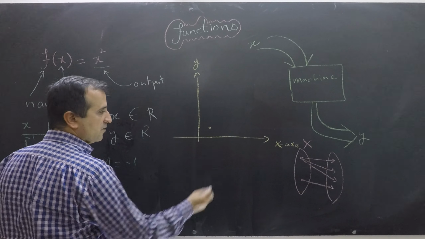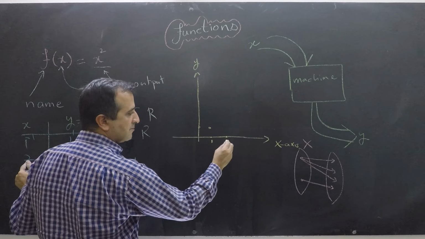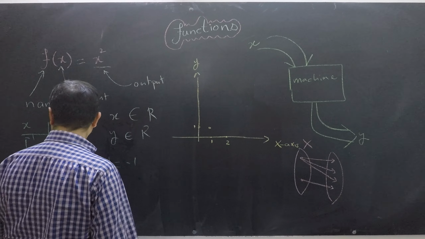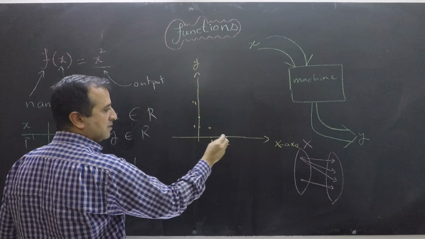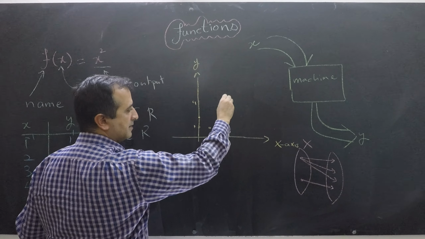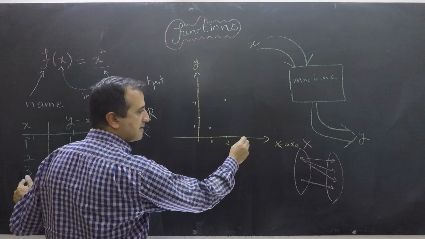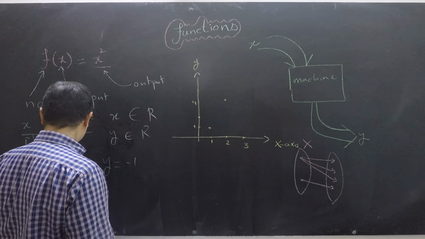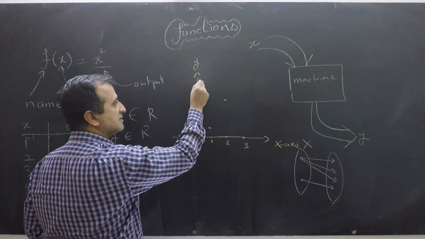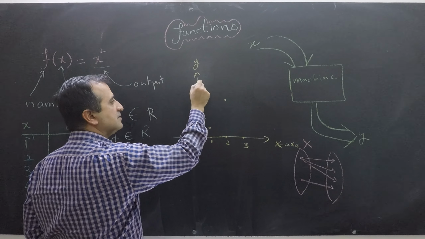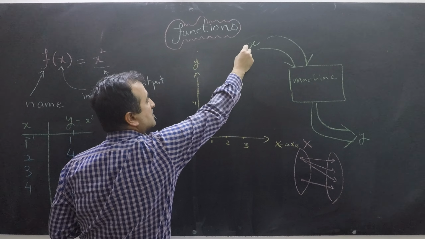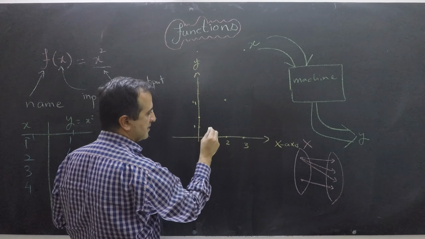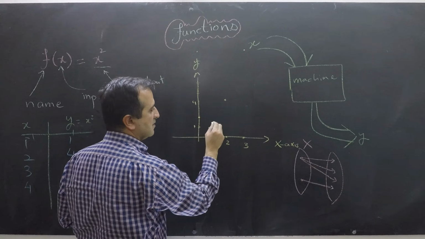When my x was 2, my y was 4, so it will be 1, 2, 3 and 4, so my point will be here, right? And when my x was 3, then my y was 9, somewhere here, so this is here. Then I can make a graph, something like this, right? So my graph goes like that.